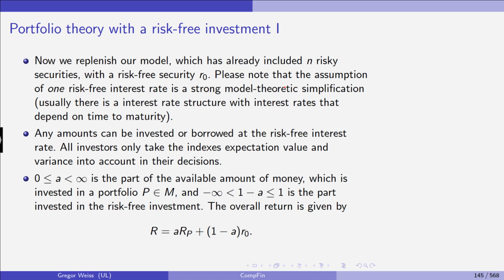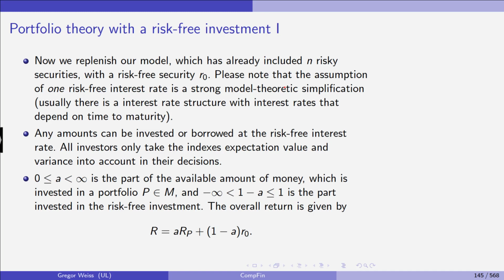Now we extend our model, which has already included n risky securities. So we have n stocks, and we now also include a risk-free security R_0, which could be a government bond. Note that the assumption of one risk-free interest rate is a strong model-theoretic simplification.